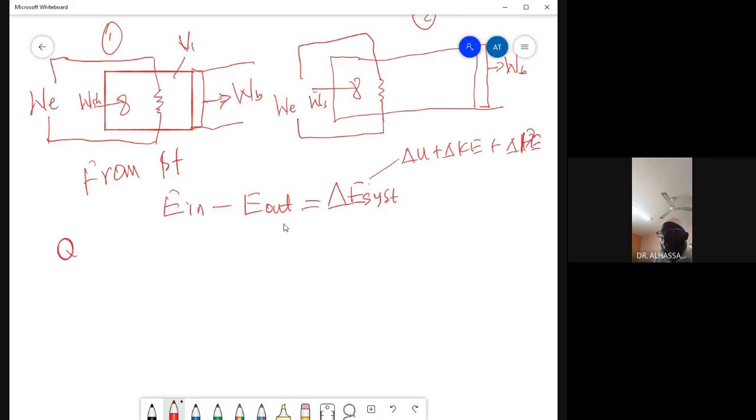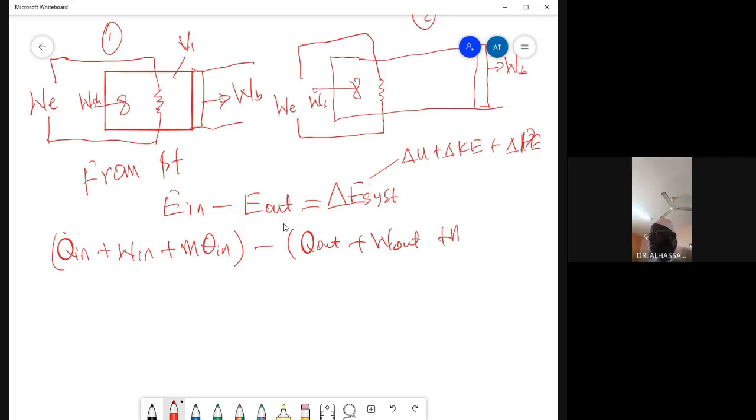So we will have Q in plus W in plus mass in, minus the outlet, Q out plus W out plus mass out.